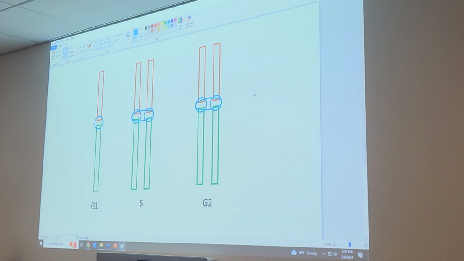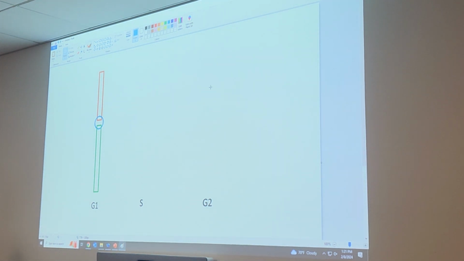Now let's add some damage in. If we have damage, so let's say that I just chop off a piece of this chromosome, and then I take the rest of it and I shove it in there. Here, actually, let's use a different color so it's obvious.